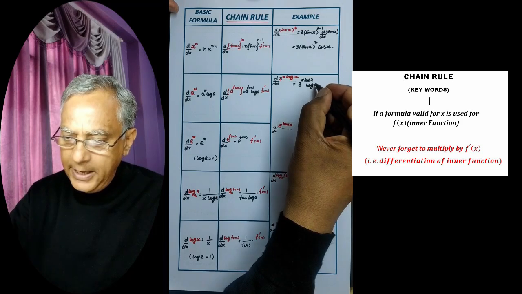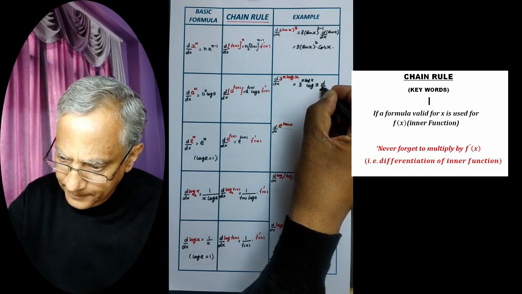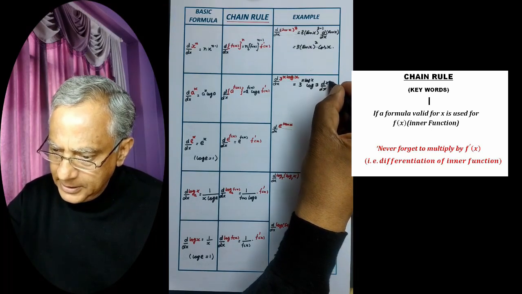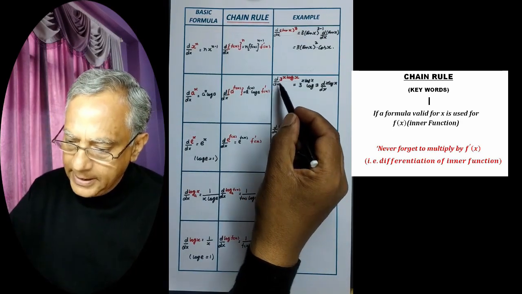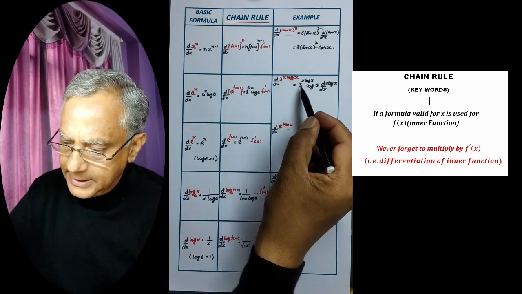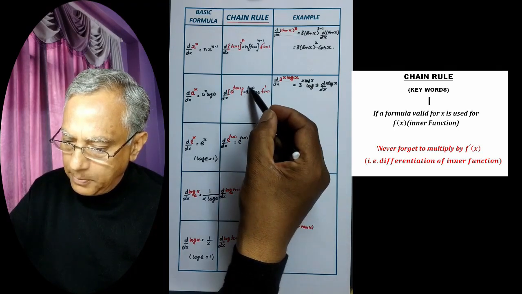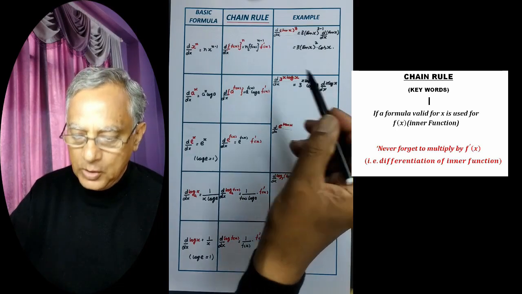Log a will be log 3, into d by dx of f(x), which is x log x. So this will be d by dx of 3 to the power of f(x) is 3 to the power of f(x) log 3 into d by dx of f(x).